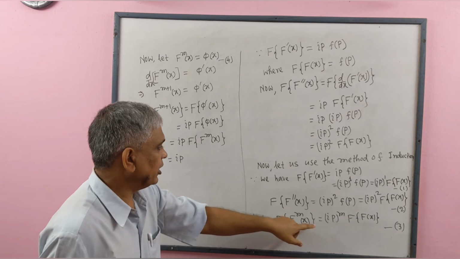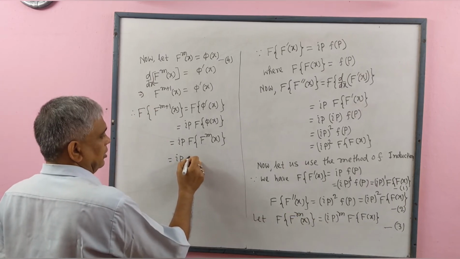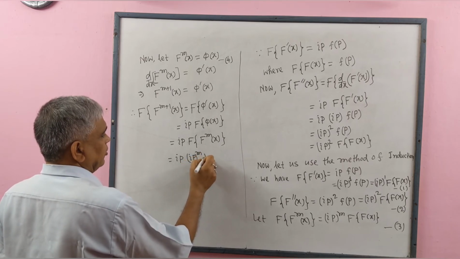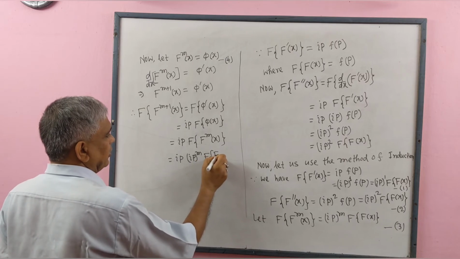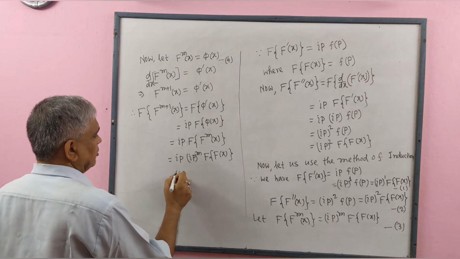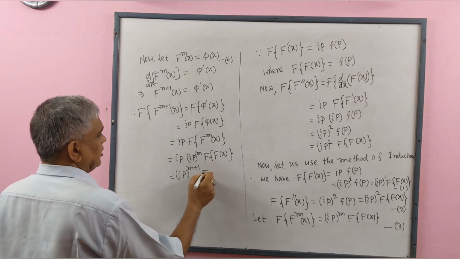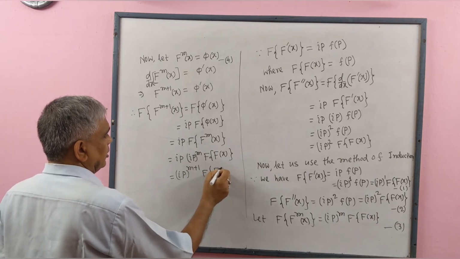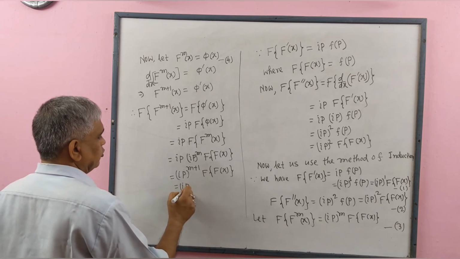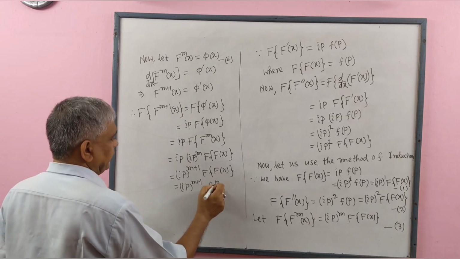Here in the theory we have seen ip to the power m times the Fourier transformation of f(x). That means ip to the power m plus 1 times the Fourier transformation of f(x). We may write ip to the power m plus 1 times small f(p).